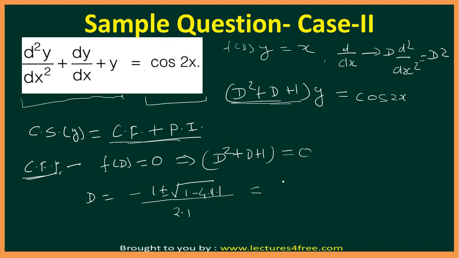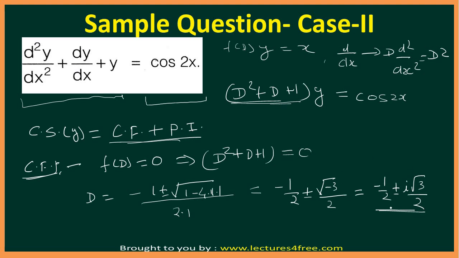You get minus 1 by 2 plus minus root of minus 3 divided by 2, or minus 1 by 2 plus minus i root 3 by 2. So here you are getting complex conjugate roots.